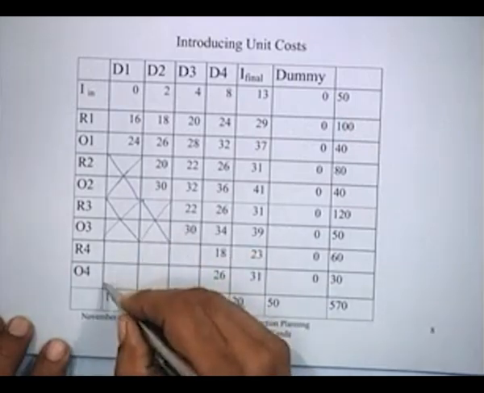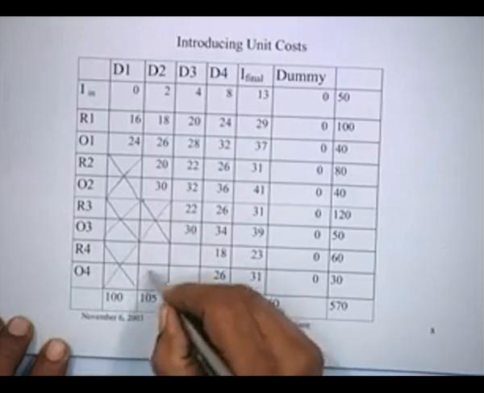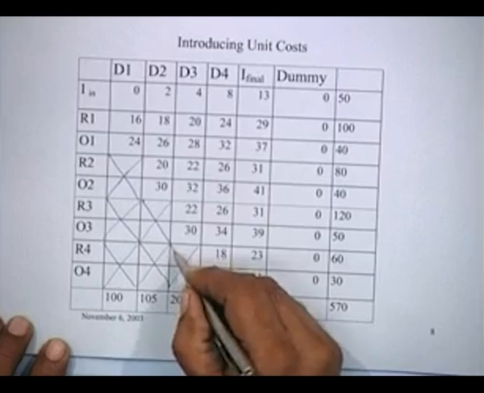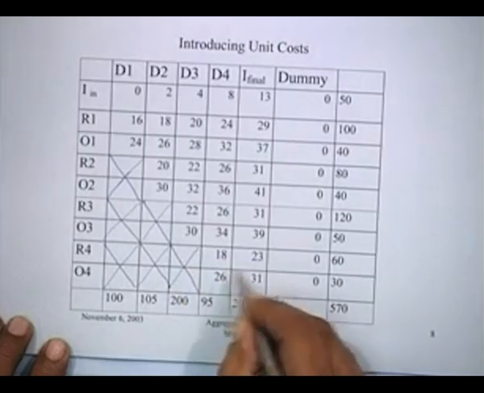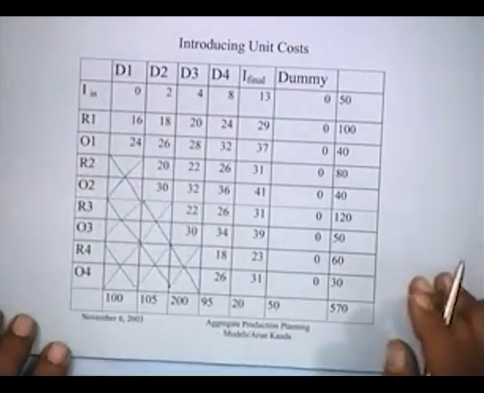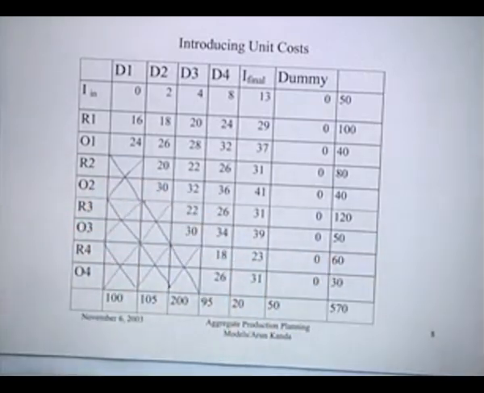And similarly here, the production in the fourth period can satisfy demand only in the fourth period and beyond, but not in these periods. So the structure of this matrix is upper diagonal, and this portion below the diagonal will not permit any entries in that particular cost because we are not allowing any shortages to take place.